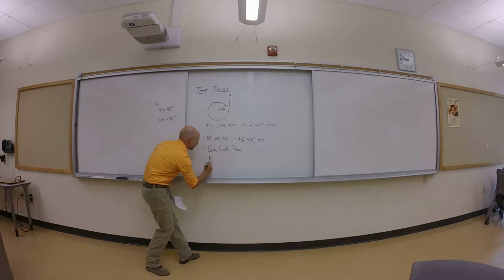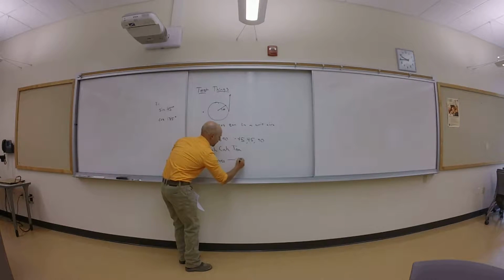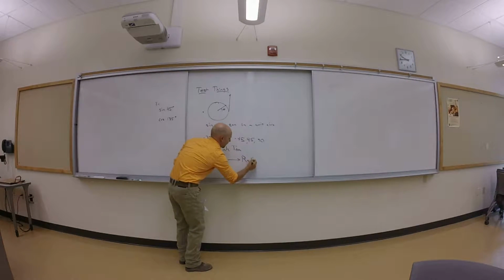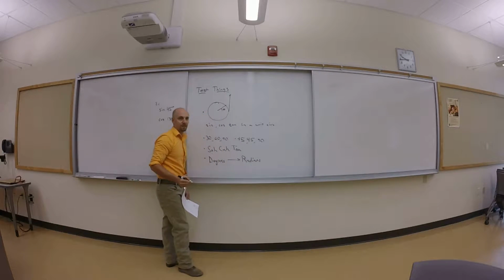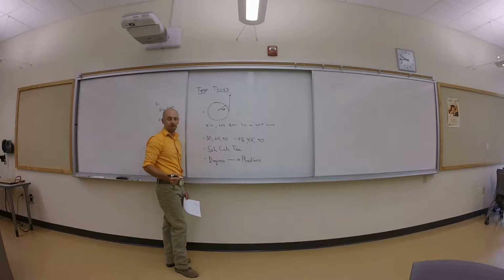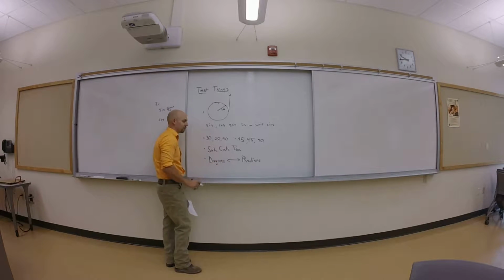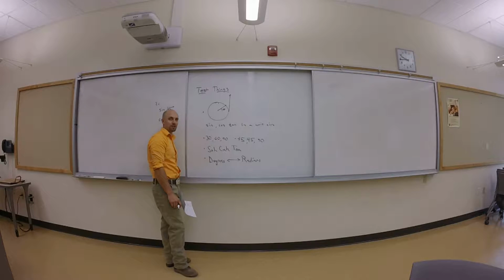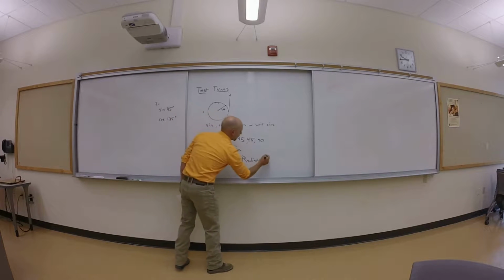I want you to be able to turn degrees into radians, and also radians into degrees. So you should be able to make that interchange. Does anybody want to tell me the conversion factor for that? Pi equals 180. Perfect.